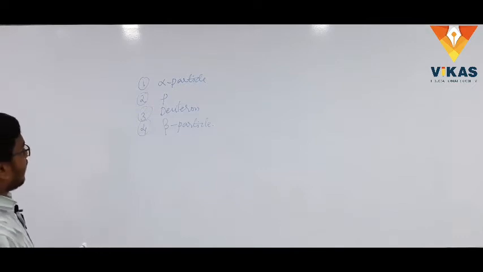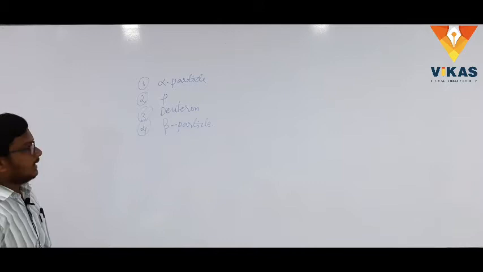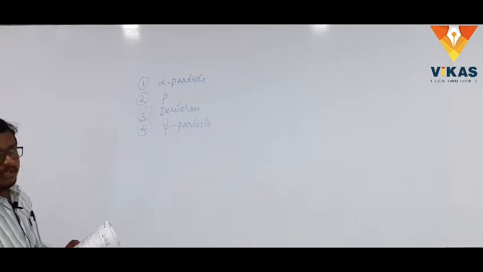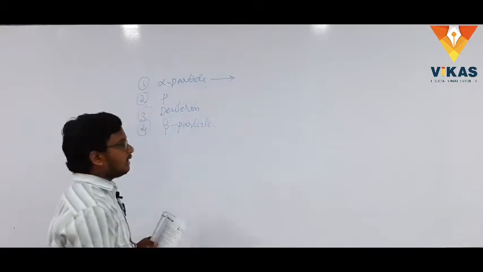So we know, in alpha particle, proton, deuteron and beta particle, here what we have to see is, what is the alpha particle?